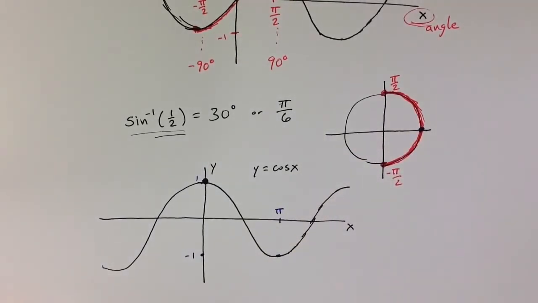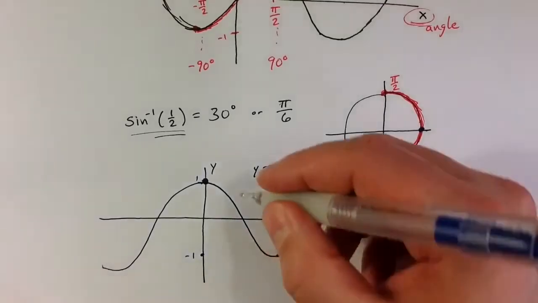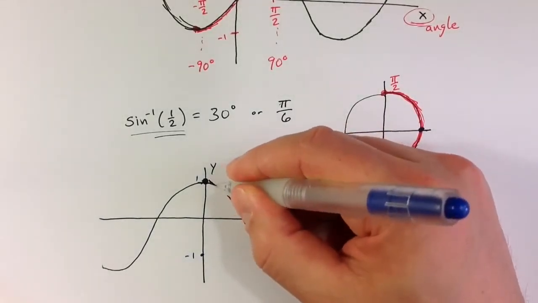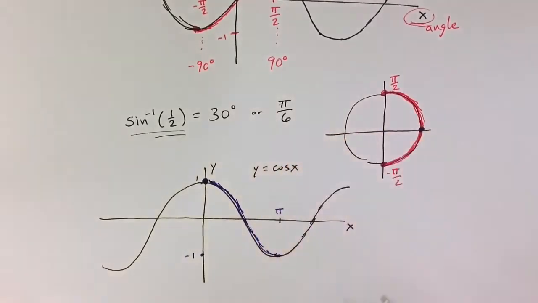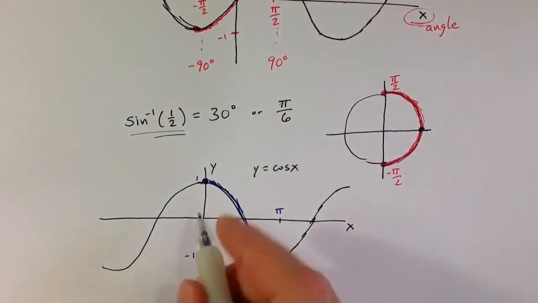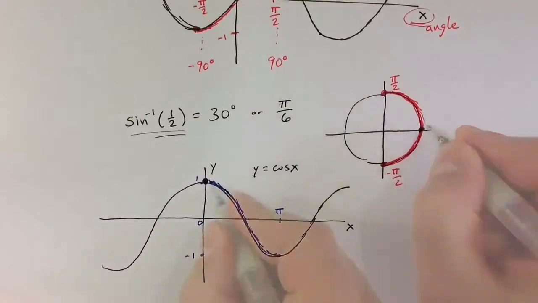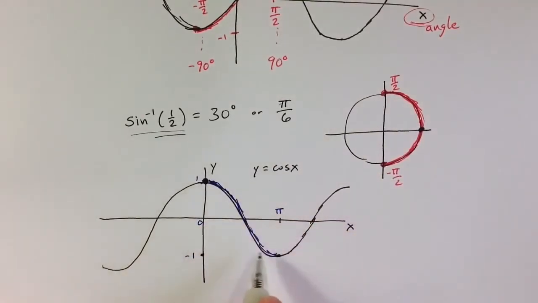And so the simplest choice that we can make for cosine is to take the set of positive angles from 0 to pi. This gives us a full range of cosine values from positive 1 down to negative 1.